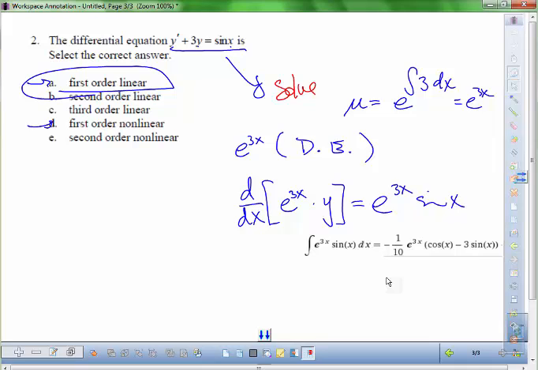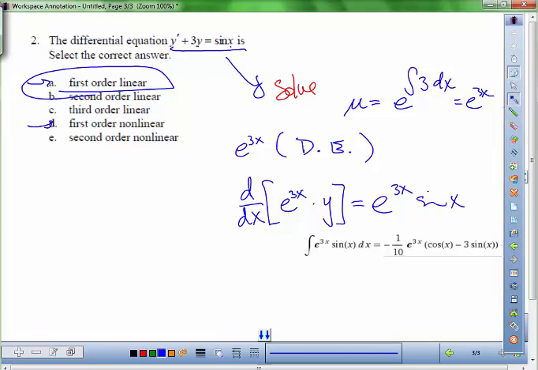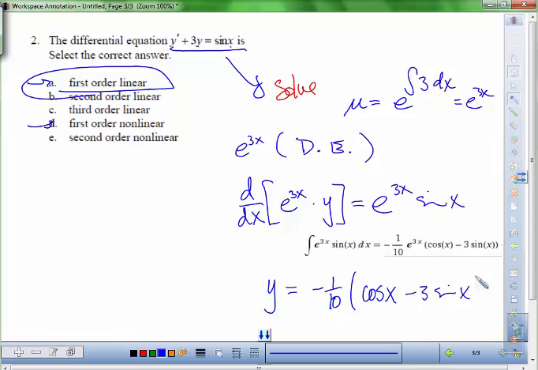So when you solve for this, when you integrate both sides, you'll come up with something like this, and then you still need to divide out by 3 e to the 3x. So you get y is equal to, if you divide out by e to the 3x, the e to the 3x looks like it'll just cancel, 1/10 cosine x minus 3 sine x, and then that's it.